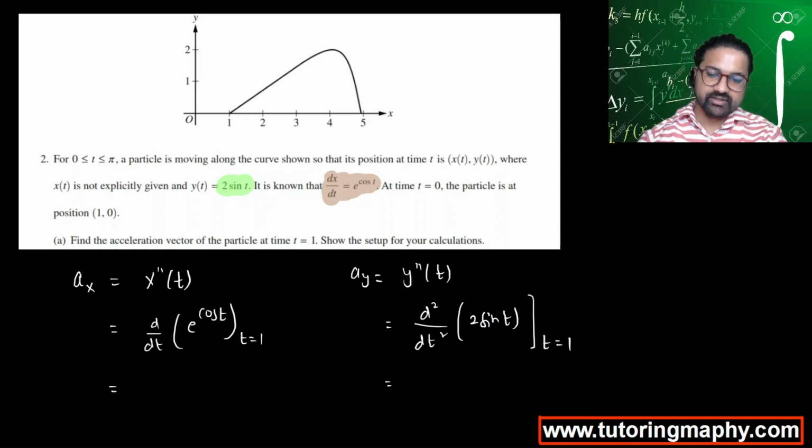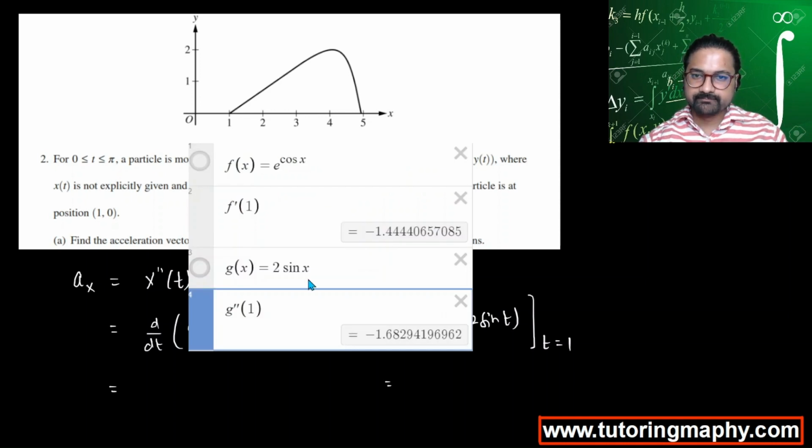And likewise, what is x? I will just tell you in a minute. This is 2 sine, and we are looking for g double prime of 1, which is also something which we have. So this is my calculation. Let me just take a screenshot and pull that right in front of the board so that you can also see. Okay, so this is what I did.